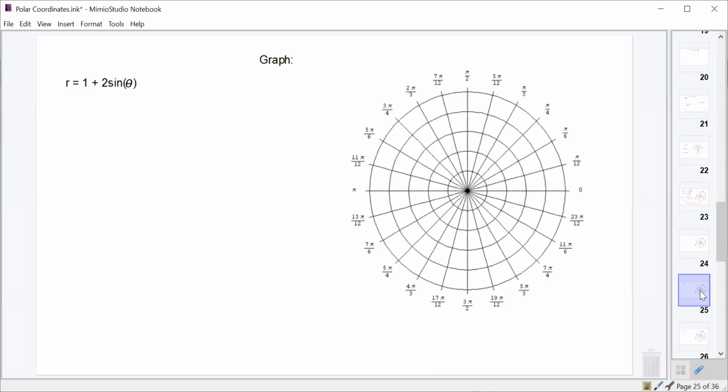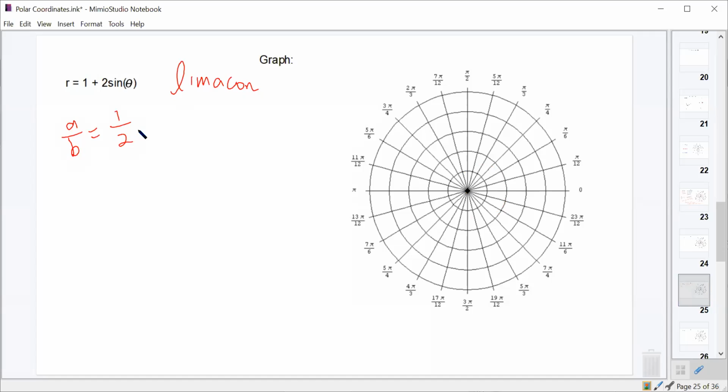We've now got r equals 1 plus 2 sine theta. So this is still a limaçon. This particular limaçon, though, does not have a ratio between A and B that is equal to 1. What's the ratio between A and B? 1/2, exactly.